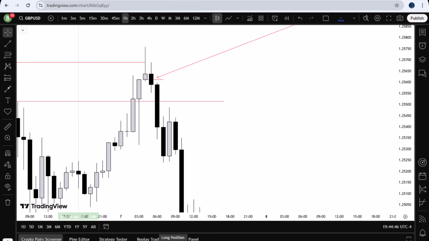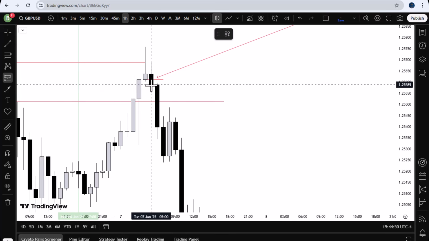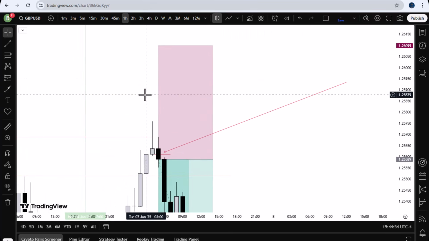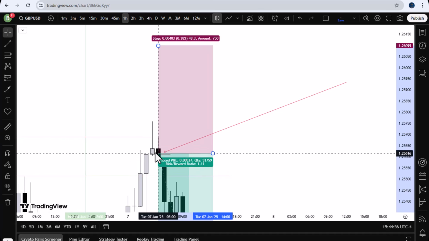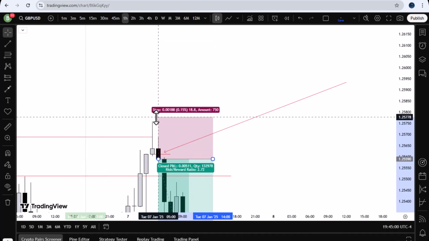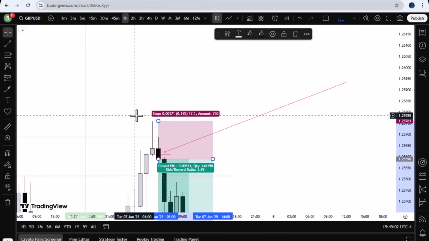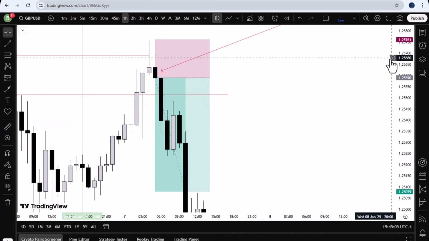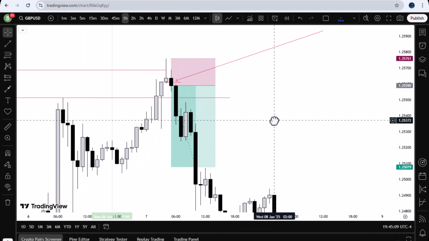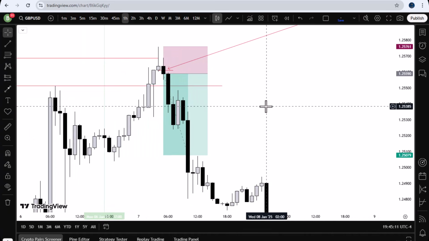You have caught the high of weekly candle. So enter when the candle closes and stop loss above. This is 17 pips of stop loss, which is not bad on 1 hour time frame.